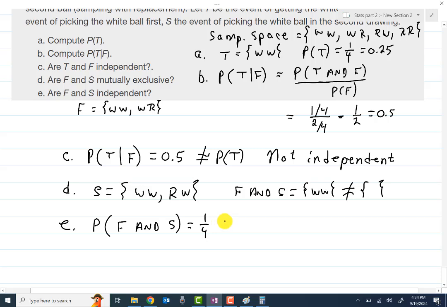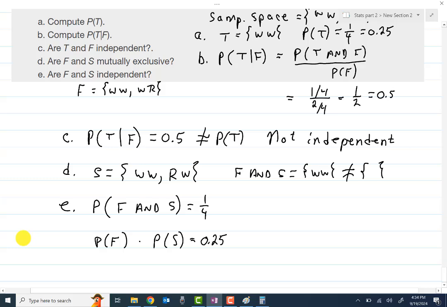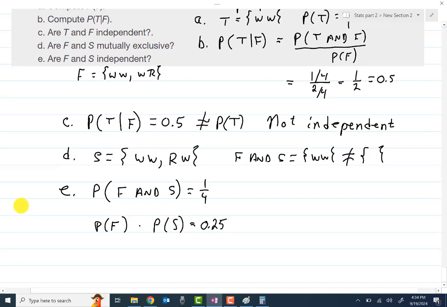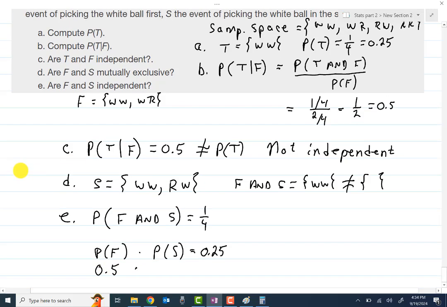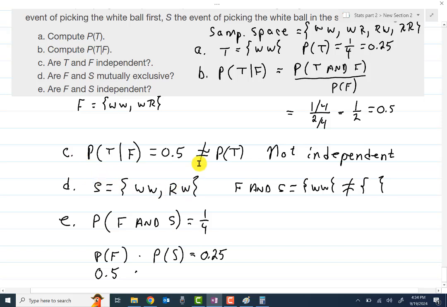And since I have to determine whether it's independent, the probability of F times the probability of S, is that equal to 0.25? I don't know. Let me see what was F again. The probability of F was 0.5. And the probability of S is also 0.5. That equals 0.25. That actually checks out. So yes, they are independent.